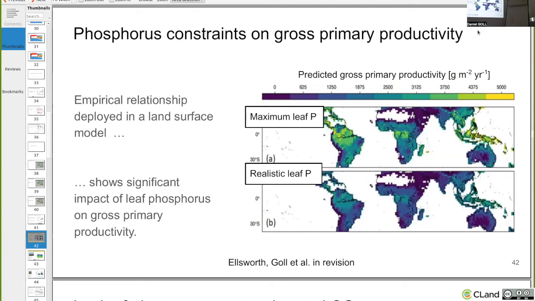You can see that the gross primary productivity is about a factor of 2 larger in the simulation where the plants really pack the leaves with phosphorus. The question is whether it makes any sense for plants to reach such a high level, but it just shows that the phosphorus constraint on the CO2 fixation of ecosystems in the tropics is substantial.